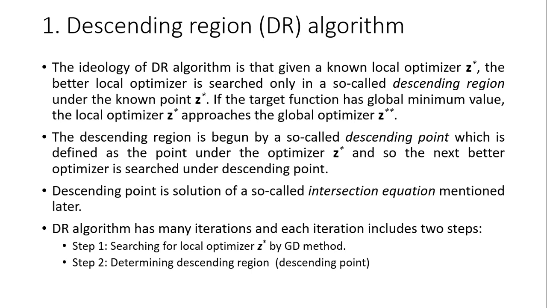The algorithm has many iterations, and each iteration includes two steps. Step 1: searching for the local optimizer G* by the GD method. Step 2: determining the descending region, the descending bound.